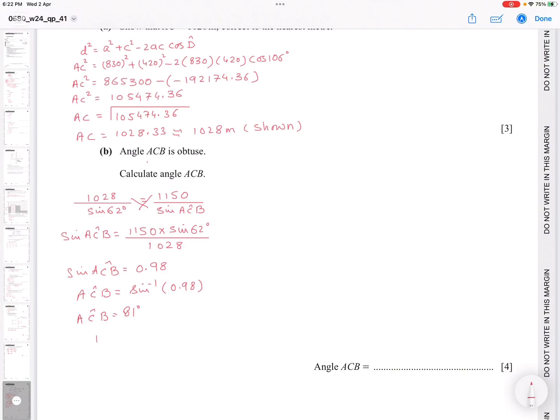So we subtract this from 180 to get the obtuse angle, and that is 99 degrees. This is our answer, and this is our obtuse angle.